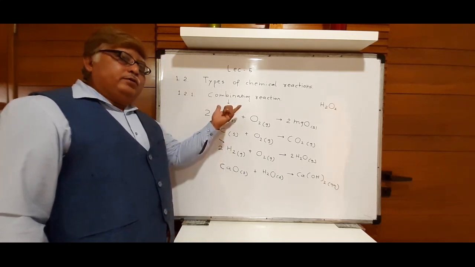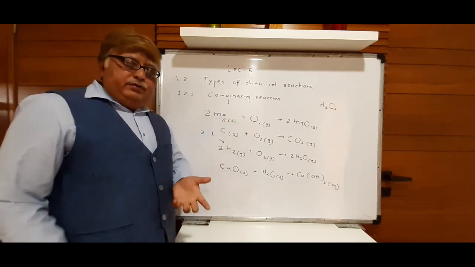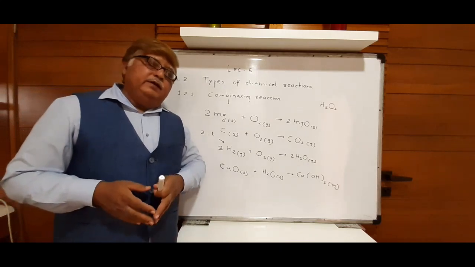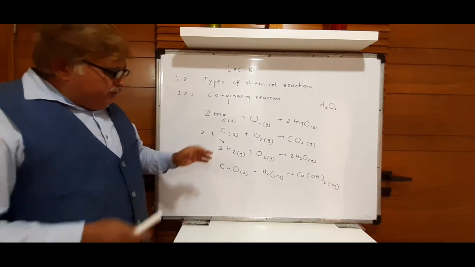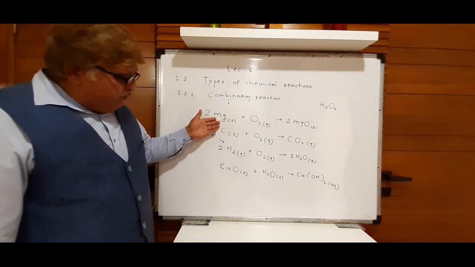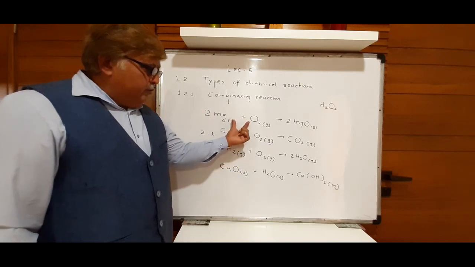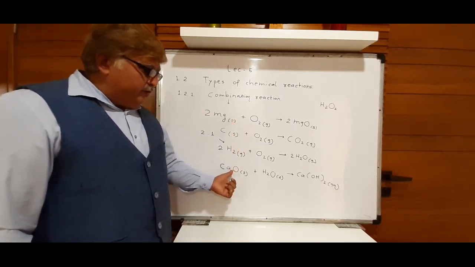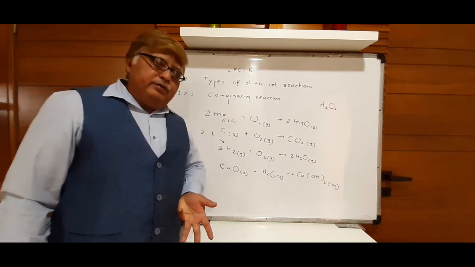Initially I spoke, when two substances chemically react with each other and form a new substance, that is called combination reaction. If you summarize the 4 equations, in first 3, two elements chemically react with each other, in the last, 2 compounds chemically react with each other.